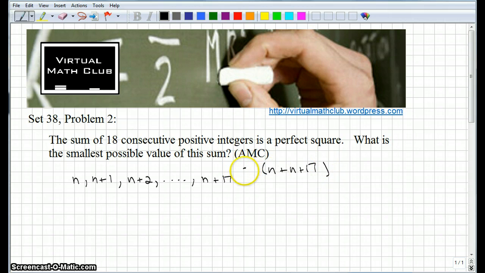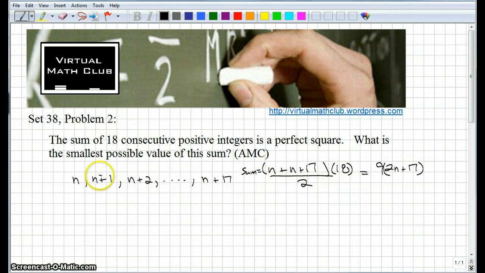So the sum equals the first number plus the last number, times the number of numbers, which is 18, and divide that by 2. If we do it that way, we get 2n plus 17 times, and if I divide 18 by 2, I'll get 9. So that would be one way to do it.